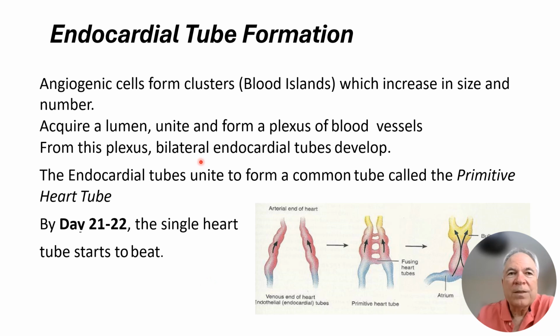And from this plexus, bilateral endocardial tubes develop. So we get these double tubes forming here. The endocardial tubes eventually unite to form a common tube, which is the primitive heart tube. And then by day 21 to 22, the single heart tube begins to beat.